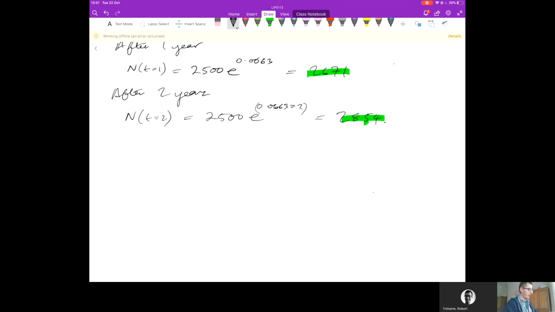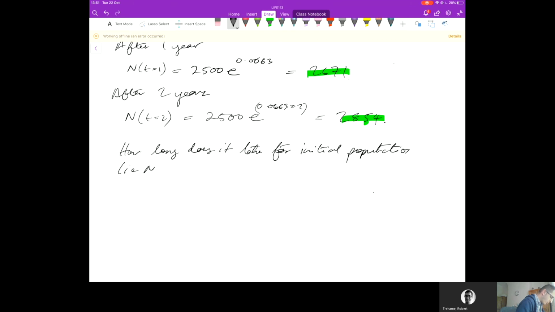And the last part of the question was, how long does it take for the initial population, in other words N0, to double? Let's think about that.